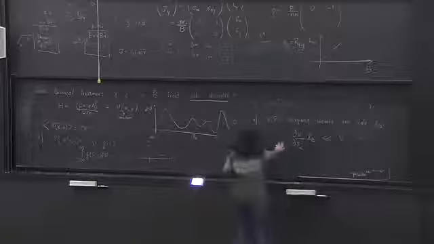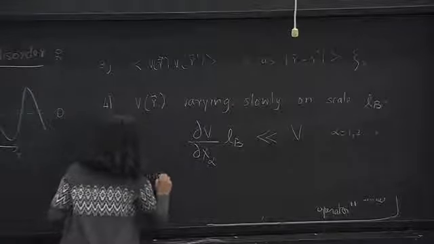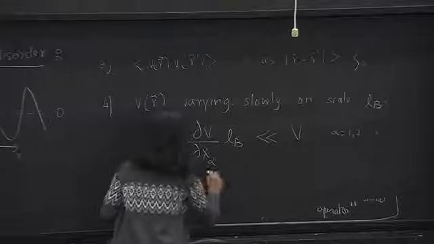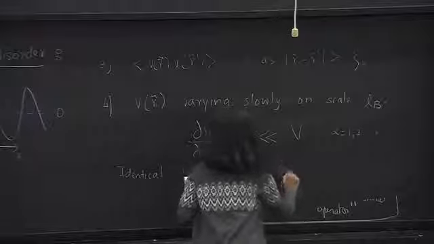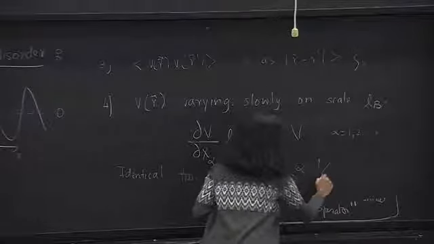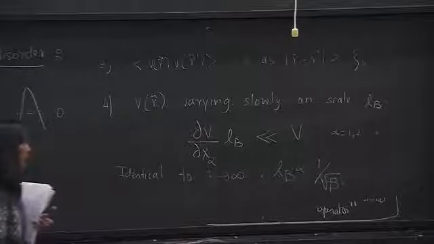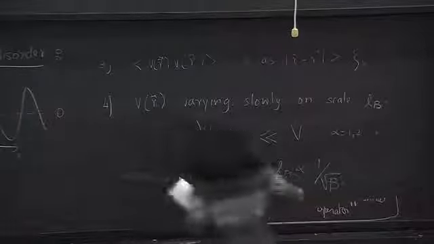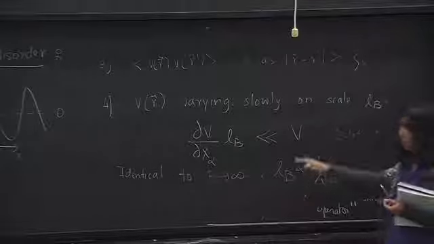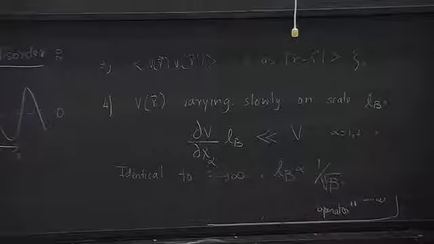And this is, by the way, identical to the strong field limit, because remember that the magnetic length was proportional to 1 over the square root of B, where B is the magnetic field. So if I turn up the magnetic field a lot, this length scale is going to go down. And so for any given potential, I can satisfy this. So this is similar to the strong field limit.